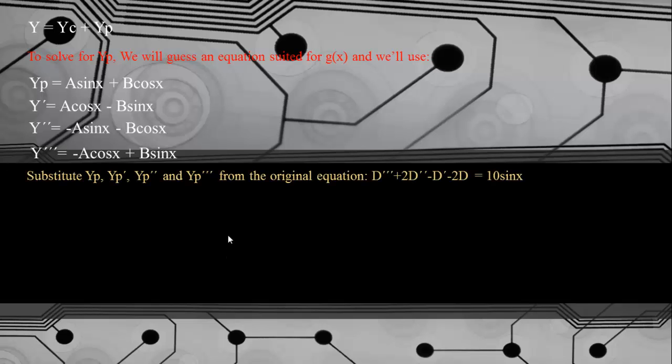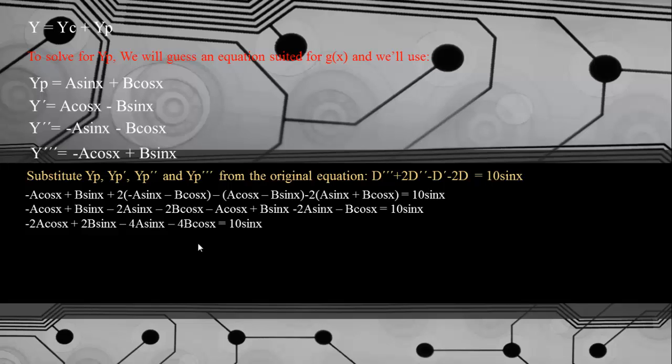And then substitute the yp prime, yp double prime, and yp triple prime into the original equation, D triple prime plus 2D double prime minus D prime minus 2D is equal to 10 sine of x.